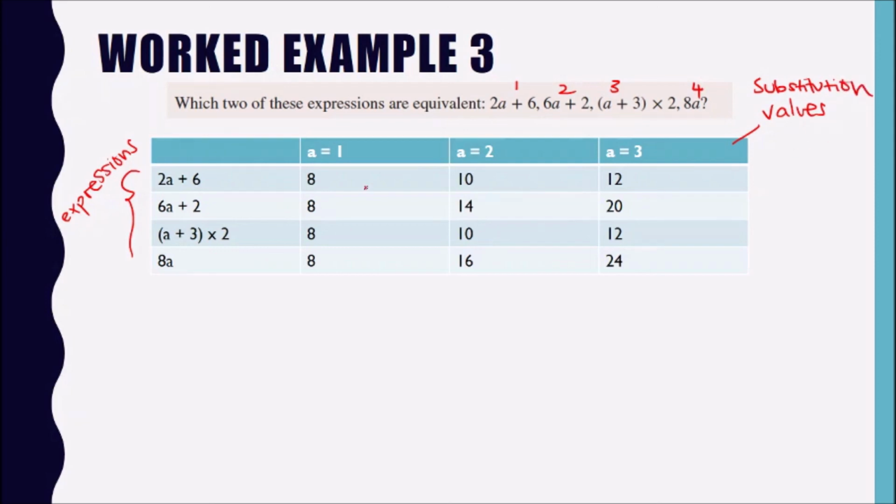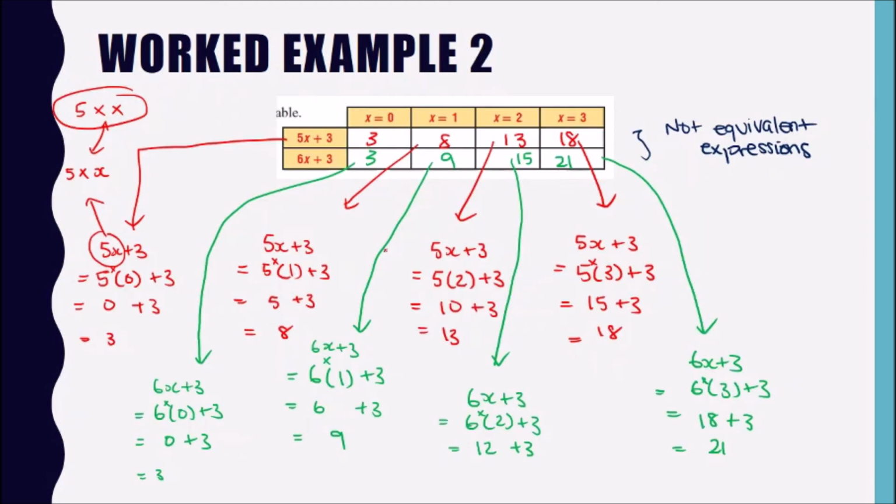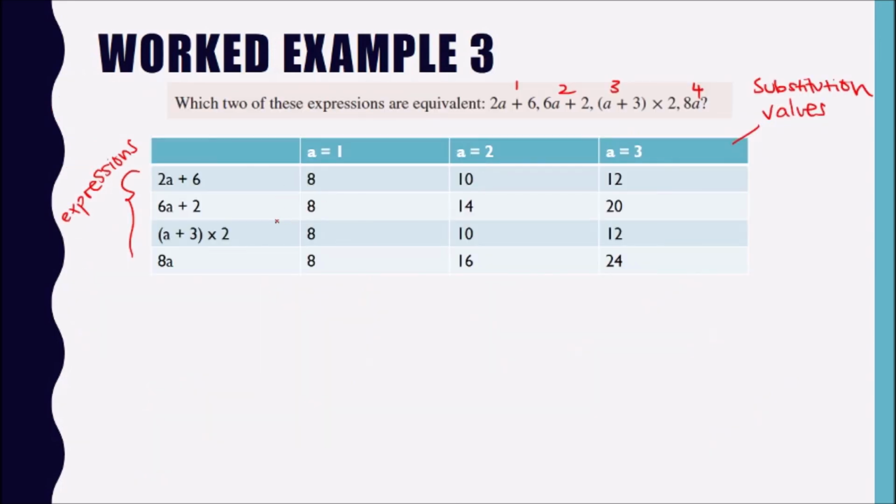Okay, now if you wanted to put these values on the left side and put the expressions up the top, that's also okay. I've just gone with the same one as worked example 1 and 2 because I just want to keep it consistent. So I've substituted a equals 1 into all of these expressions and I got 8.